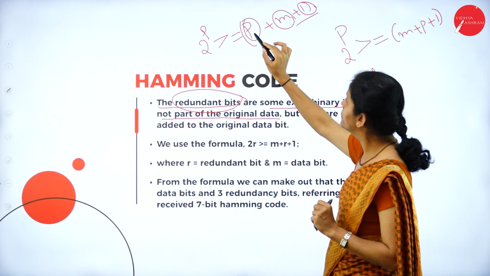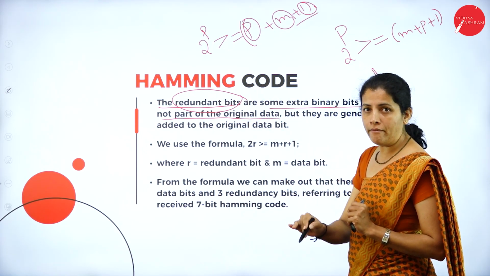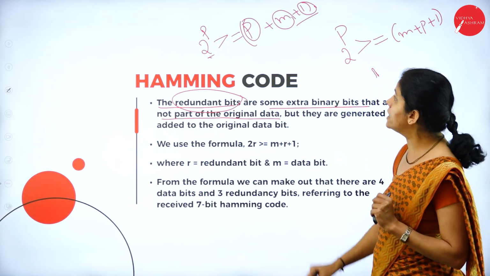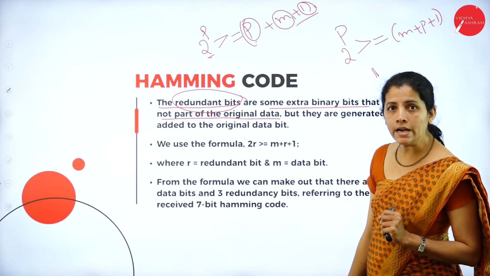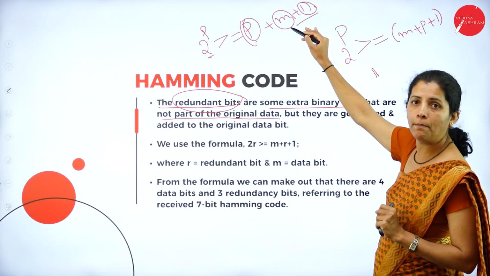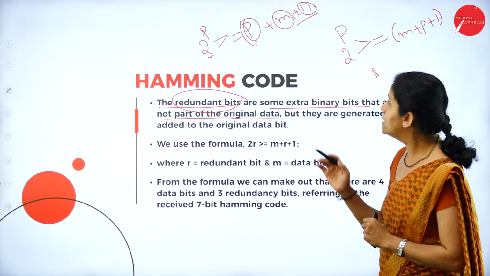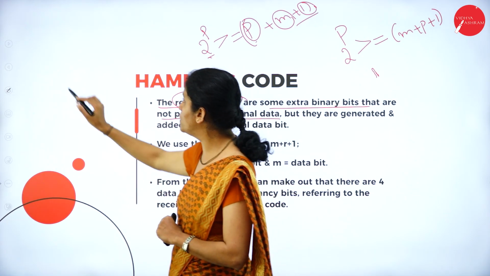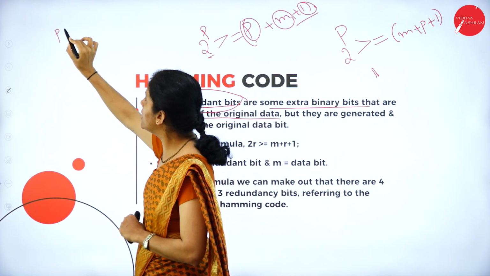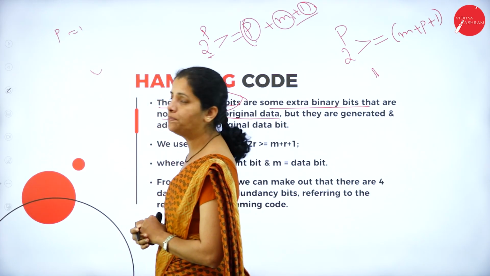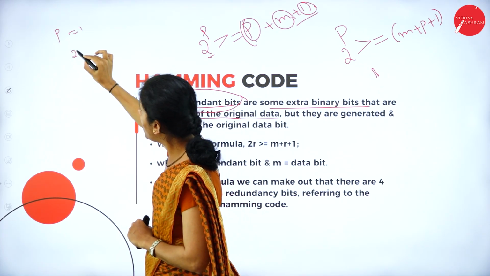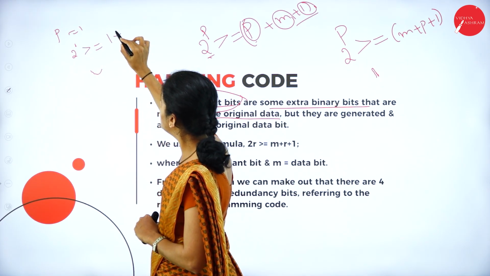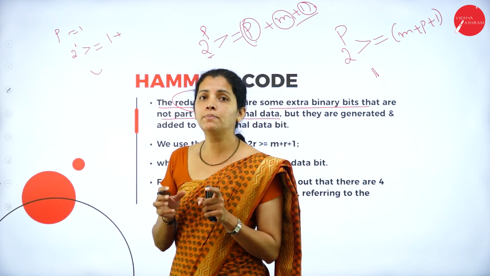Now when I substitute the P value, 2 to the power P must be greater than or equal to my redundant bit plus data bit plus 1. Let me start substituting the P value, that is the redundant bit value. Suppose P is 1. 2 to the power 1 is 2, greater than or equal to 1 plus M, where M is my data bit.